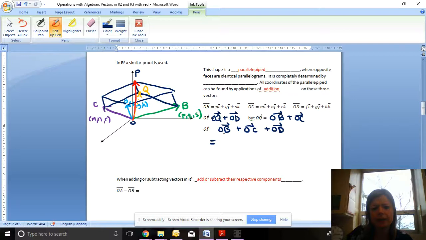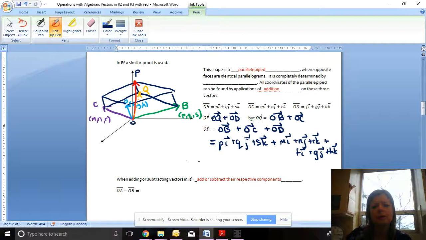So for OB, you get your Pi plus Qj plus Sk, and then for OC, you get your Mi plus Nj plus Rk, and then for OD, you get your Fi plus Gj plus Hk.